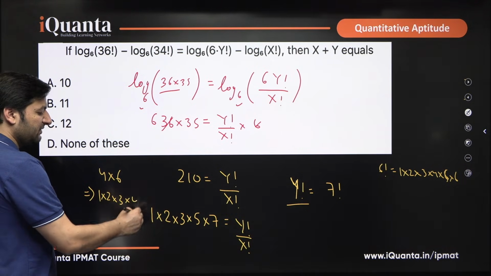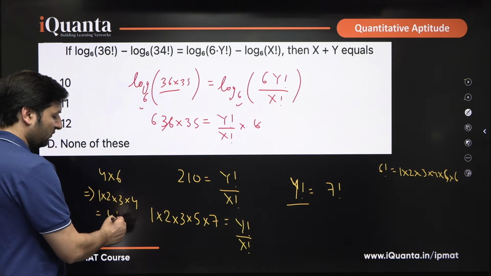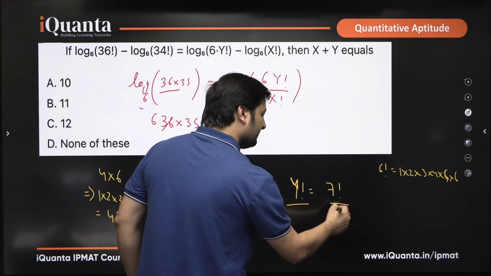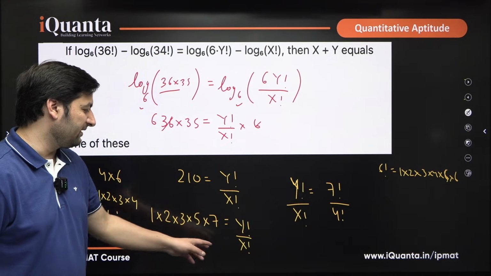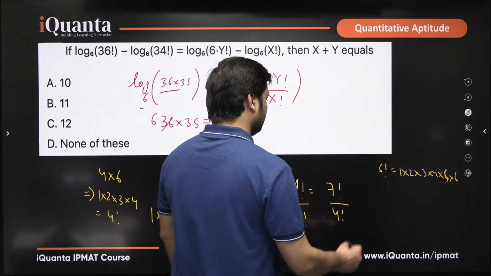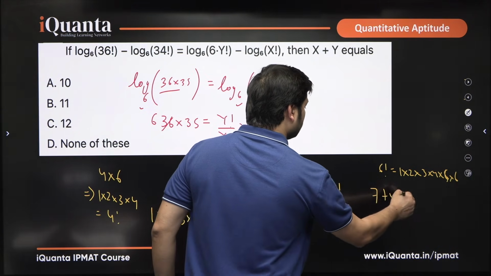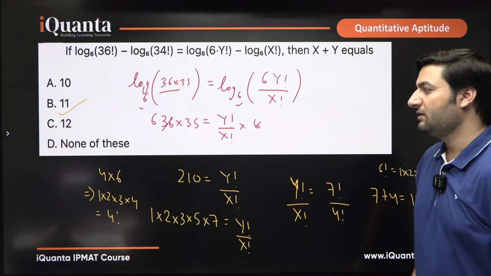This is basically 4 factorial. So, if 7 factorial upon 4 factorial would have been there, then y factorial upon x factorial would have been 1, 2, 3, 5, 7. So, y is 7, x is 4. We have to find the value of x plus y, that gives us 11. 11 is the answer. Good question, okay.